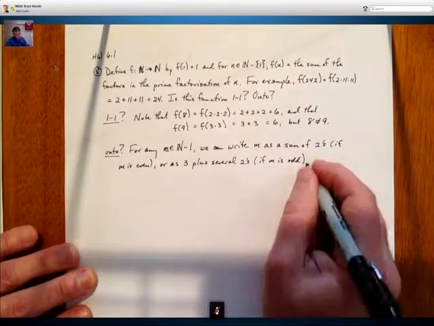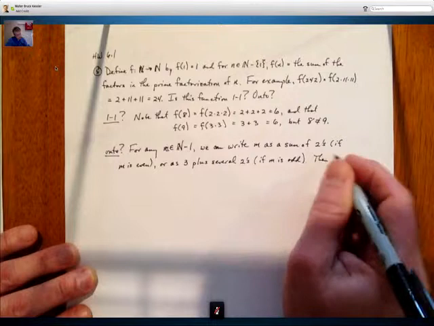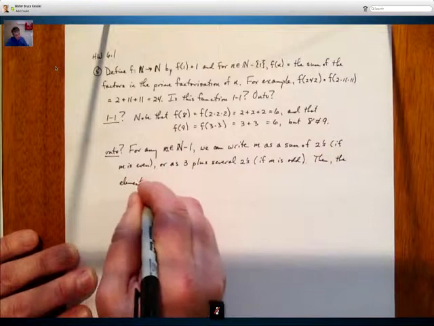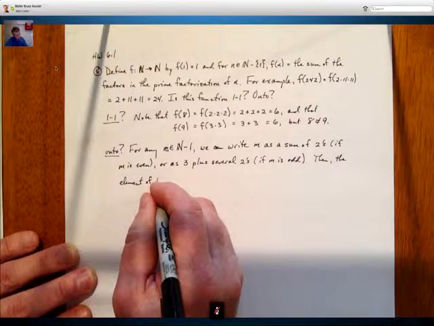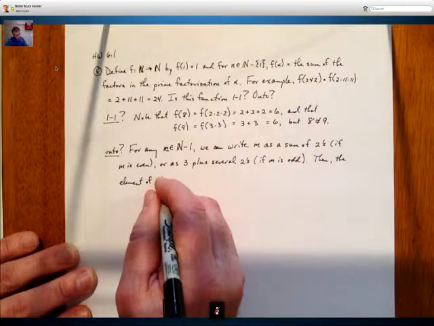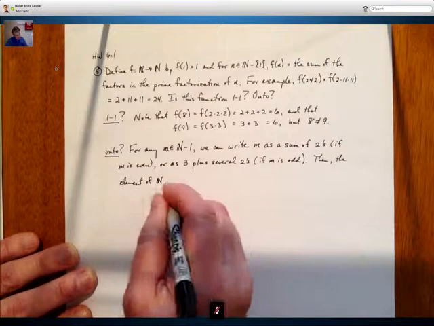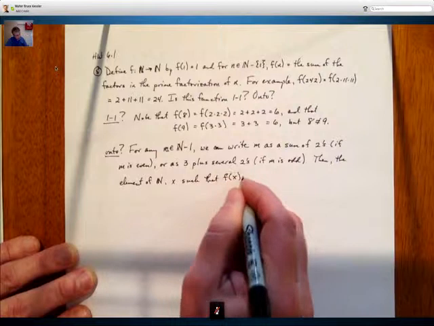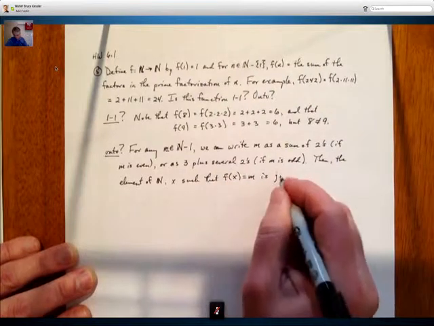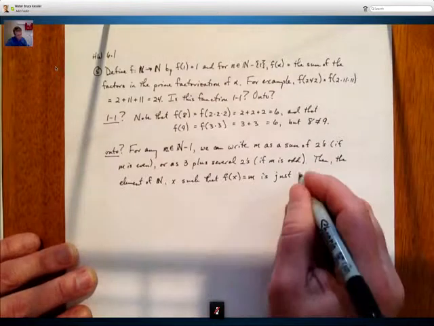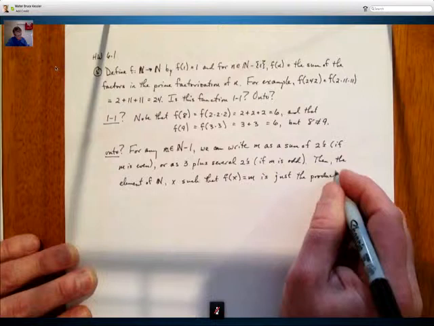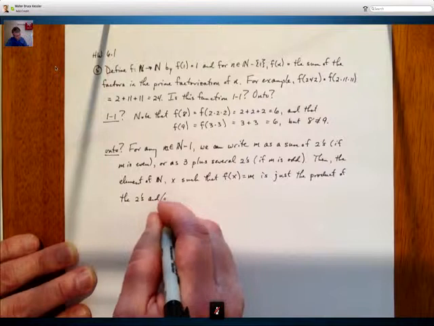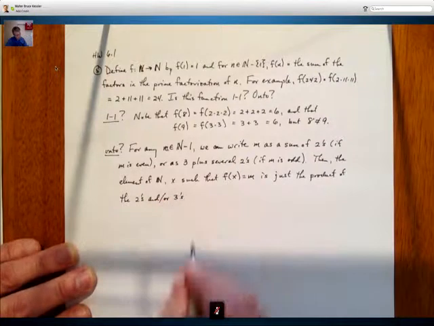So the element of the natural numbers x such that f of x equals m is just the product of these things instead of the sum. 2s and or 3s.